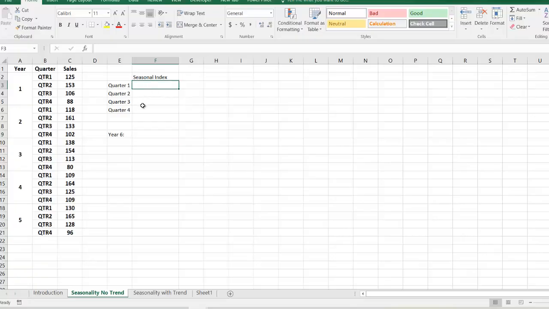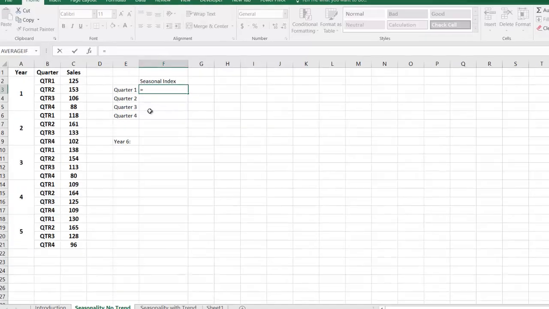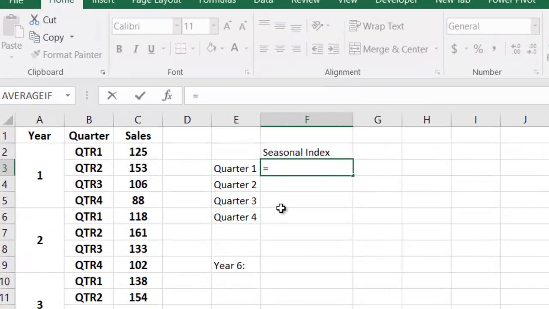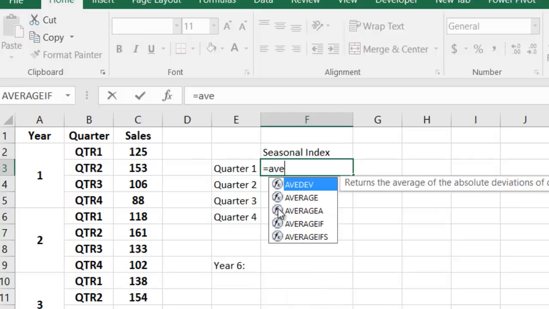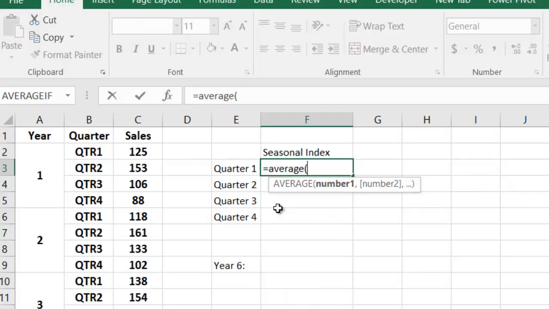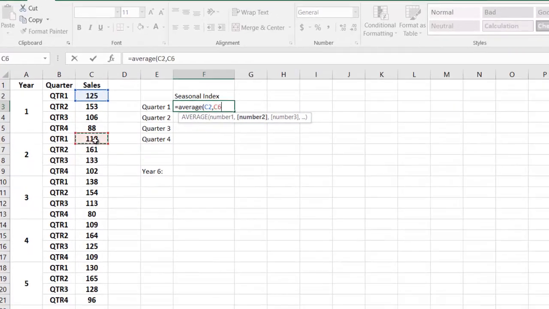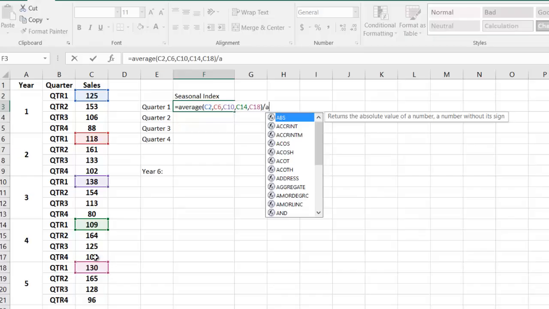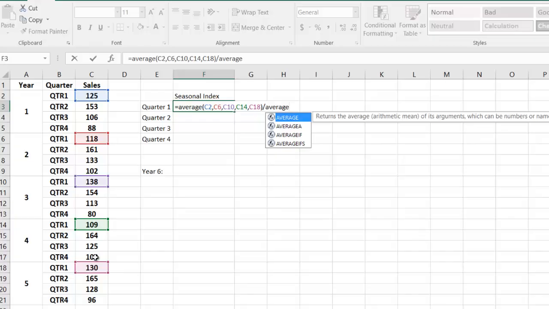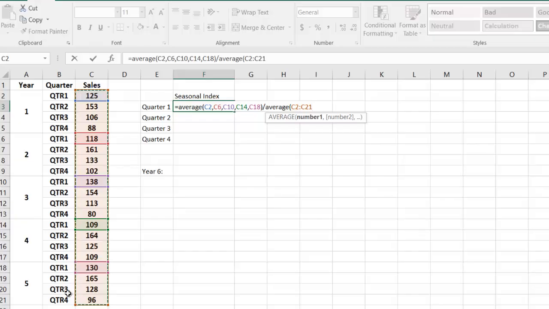Using the formula for quarter 1, the numerator is the average of the quarterly data of the time series. So we need to take the average of all the first quarter data, divided by the average of the entire time series.